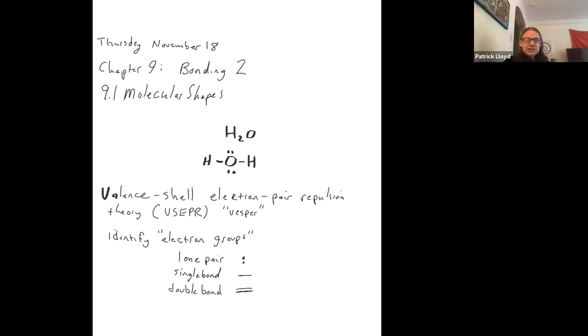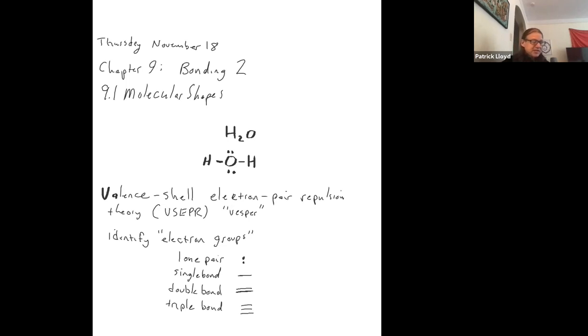So we're counting essentially electrons in a particular region of space. So a double bond has two pairs of electrons, but they're occupying approximately the same region of space. So we consider a double bond one electron group, and the same goes for a triple bond. So a triple bond has three bonds, right?